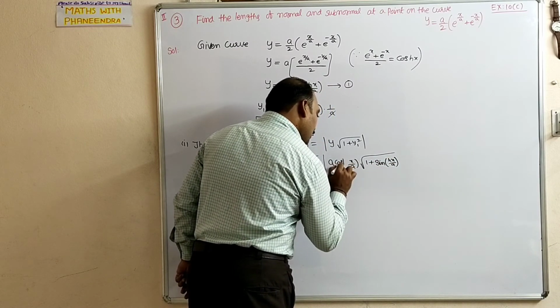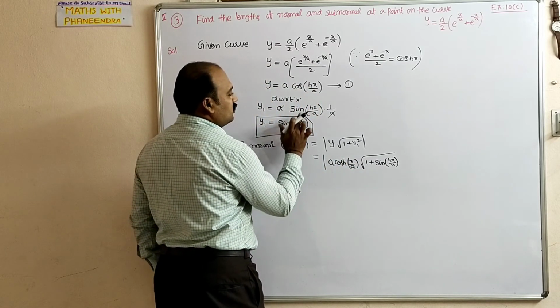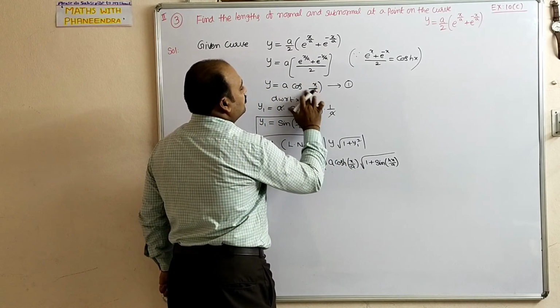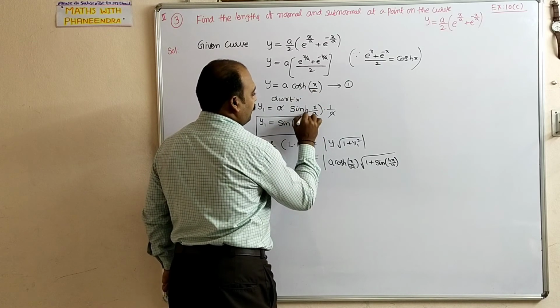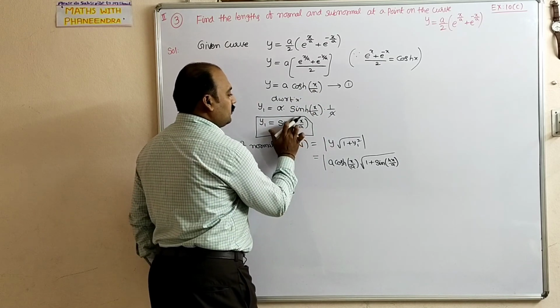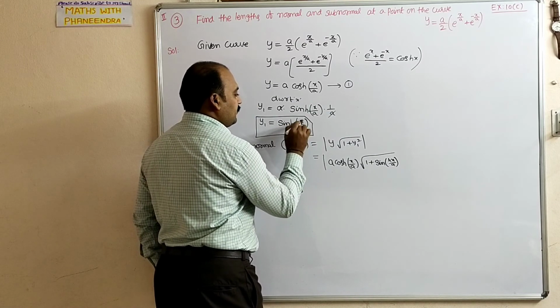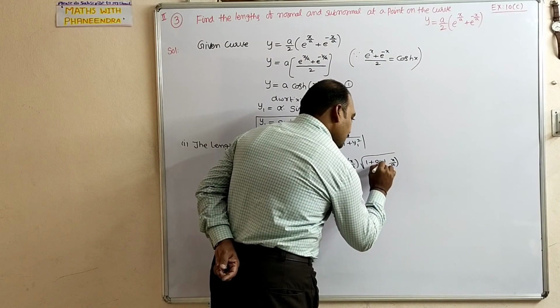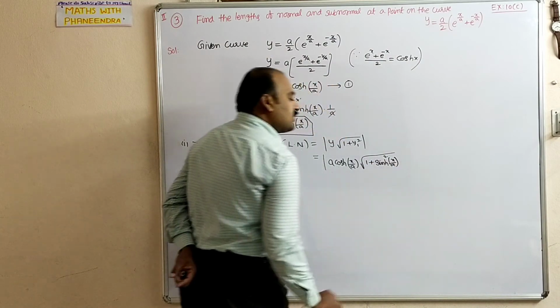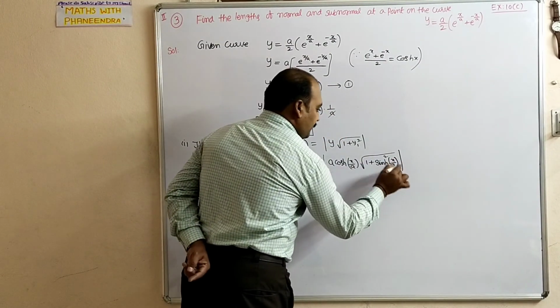Like this you can write cosh x by a, here also cosh x by a, and hyperbolic sinh x by a. So here sinh x by a whole square, sinh square x by a.